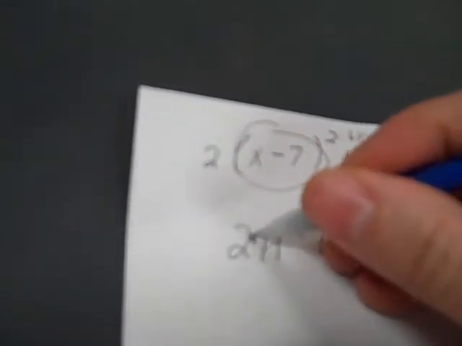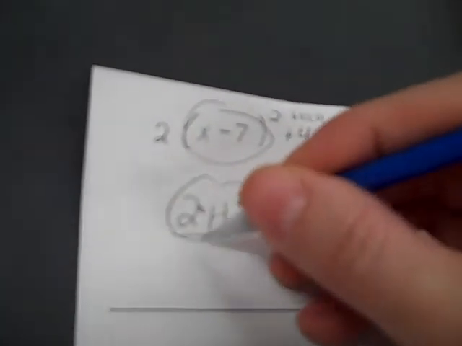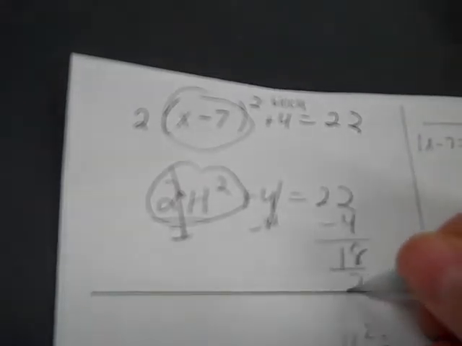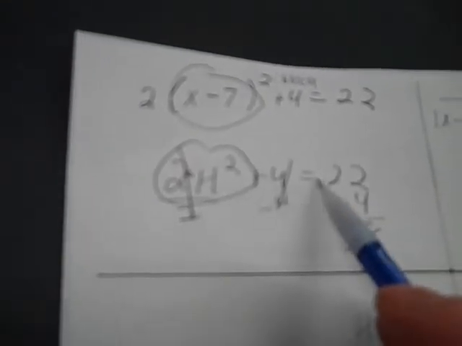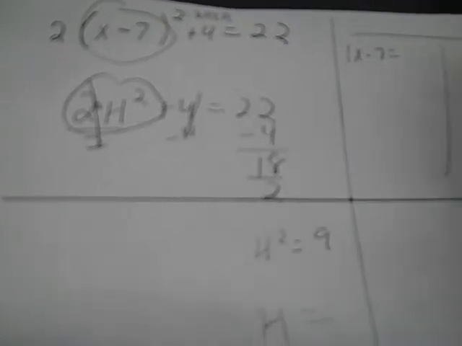So I dot my h and circle it. I subtract 4. 22 minus 4 is 18. So 2 times h squared equals 18. Then I divide by 2, and h squared equals whatever 18 divided by 2 is, which is 9.